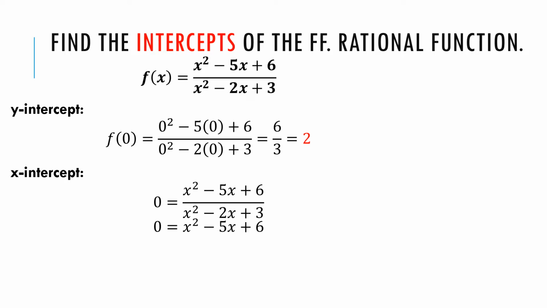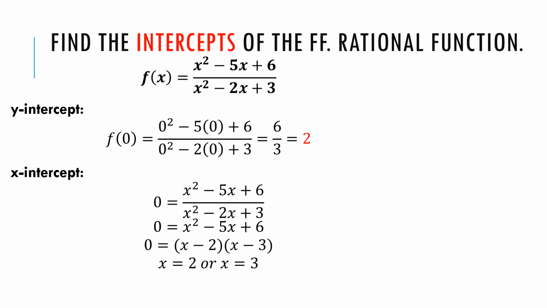So now, let's find the value of x. Para mahanap natin ang value ng x, ang gagawin natin dito is i-factor natin siya. So magiging 0 equals the quantity x minus 2 times the quantity x minus 3. Ano na ngayon ang mga values ng x? So, the values of x are x equals 2 or x equals 3.